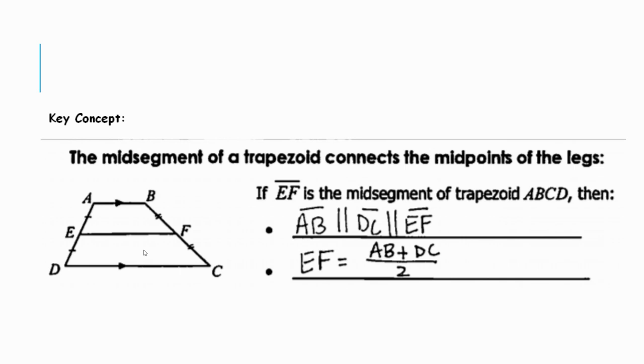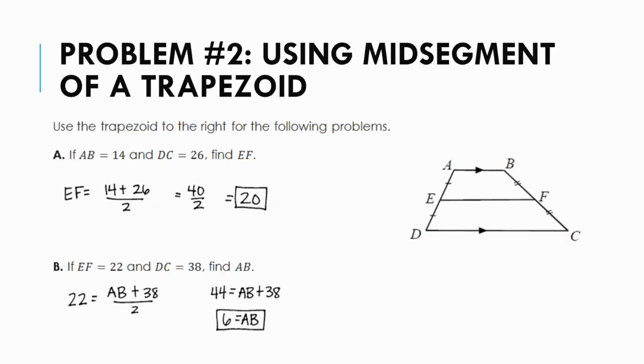Very easy concept, shouldn't be too hard. For example, I set this up pretty easy for you. I'm looking for this mid segment. All I have to do to find the length is take AB, which is 14, plus DC, which is 26, add them together and divide by 2. So I would get 40 divided by 2, and I would say that EF is equal to 20.